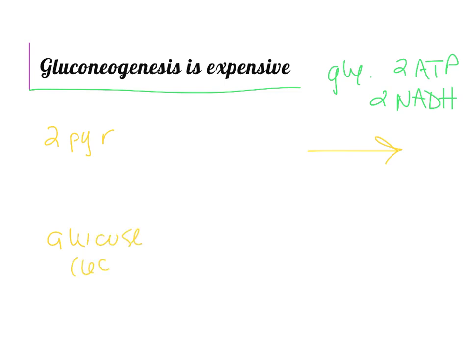So 6 carbons here, 3 carbons there. 3 times 2 is 6. To get there, it's going to cost us 4 ATPs, 2 GTPs, 2 NADHs, 2 waters, and I think it's 2 H+. That seems about right.